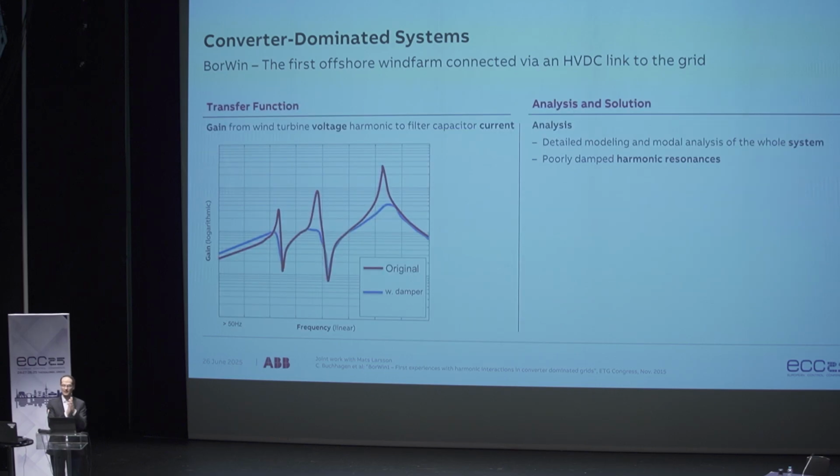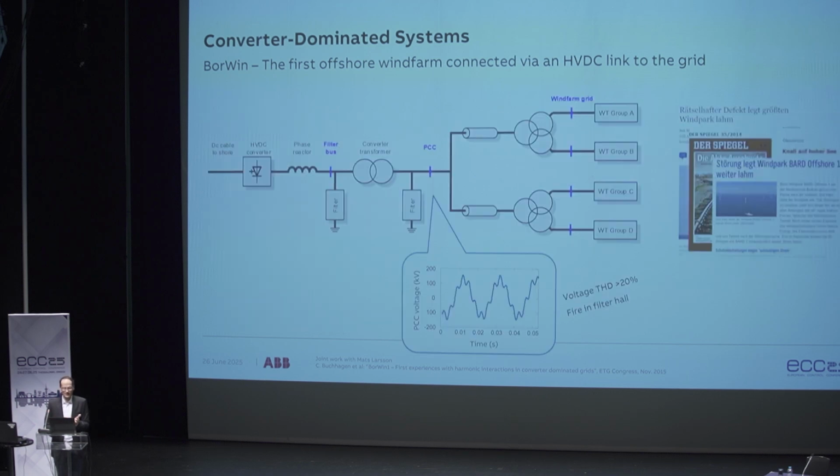And these resonances are extremely sharp and will lead to a 10 times overload of the components. So a poorly damped harmonic. And why is it poorly damped? Because it's medium and high voltage. I mean, that's the very point of going to high voltages, that you don't have any resistances in your system anymore.